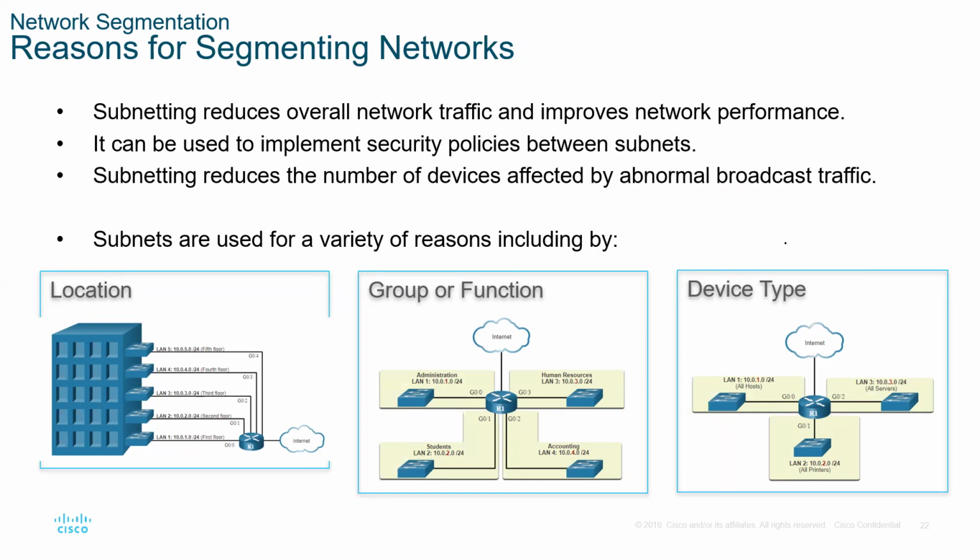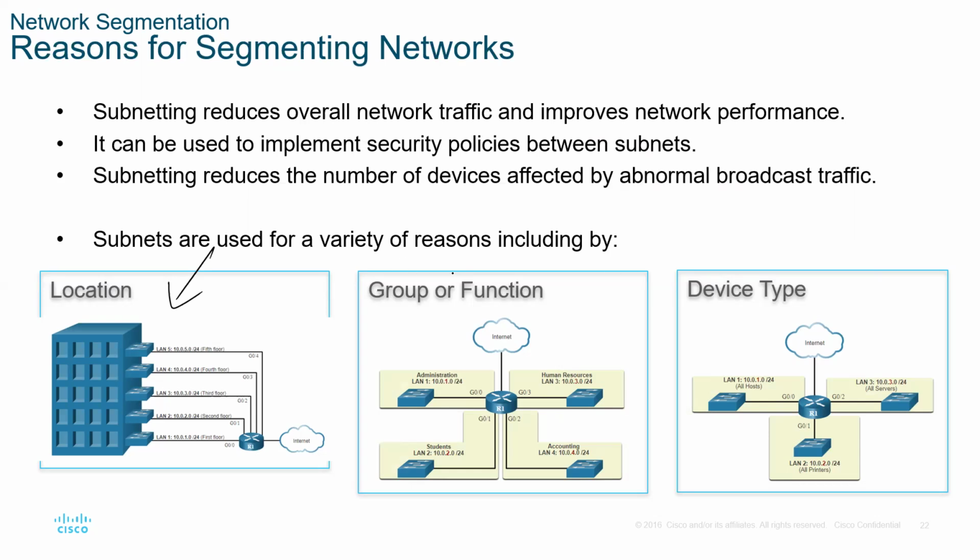Subnets are used for a variety of reasons, including grouping by location. In the example I was giving, I was grouping devices by location, Highfield, Kwazana. All devices in Highfield have a network on their own. All devices in Kwazana have their own network. You can do that in a building as well.